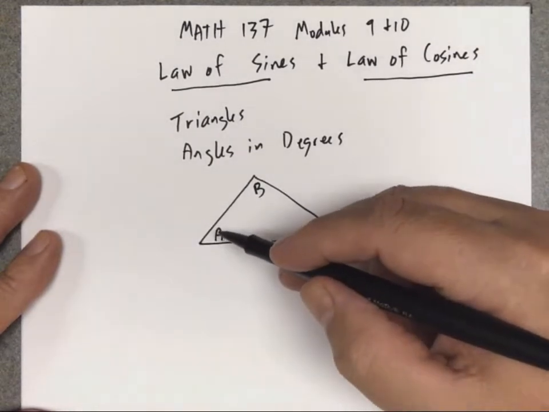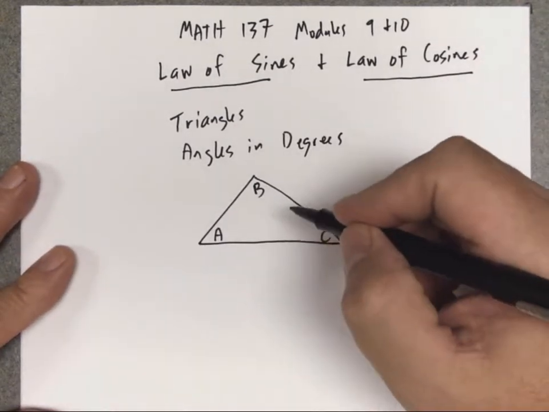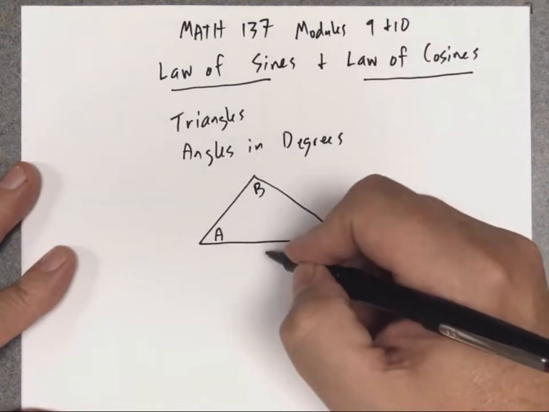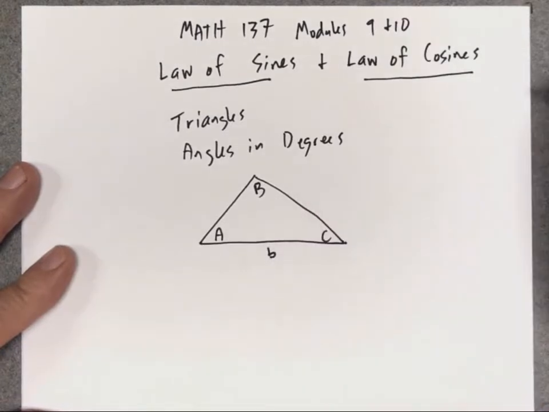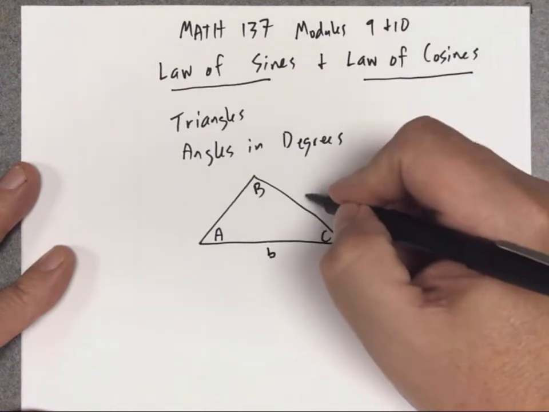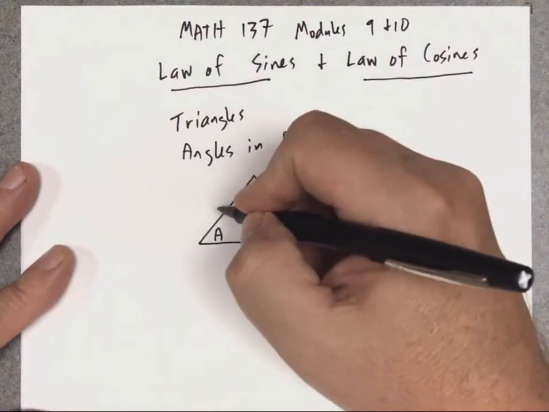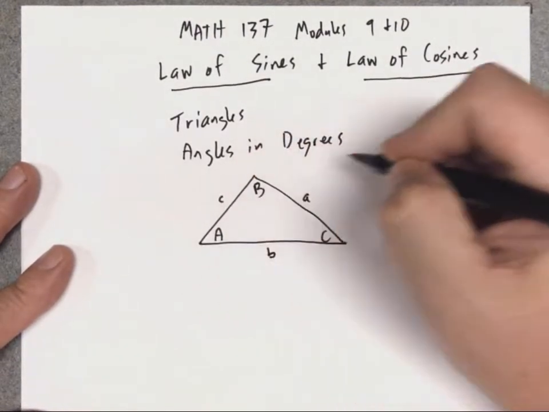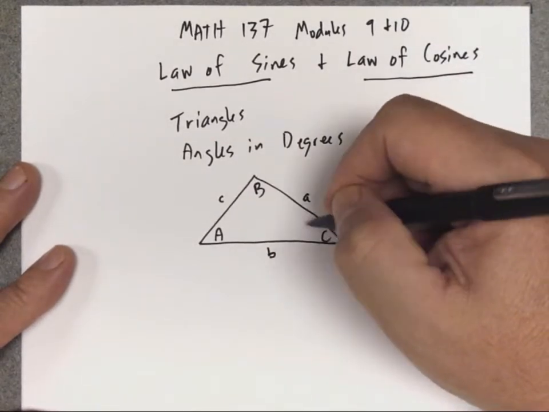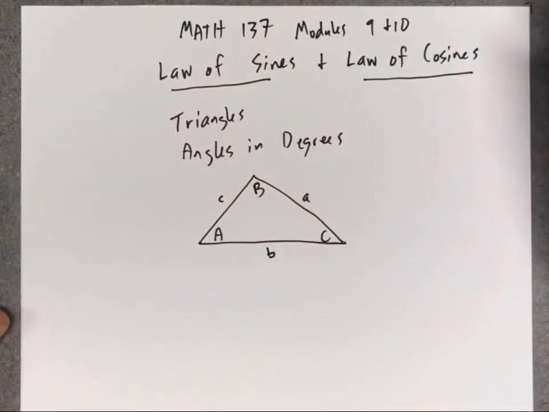The 3 angles, we simply label capital A, B, and C. Then for the sides, the side opposite angle B, the length of that side is going to be called small b. The side opposite angle A is little a. Then the side opposite angle C is little c. Now the C's are the hardest because the only difference between capital C and little c is the size. At least with the B's and the A's, they're written differently.